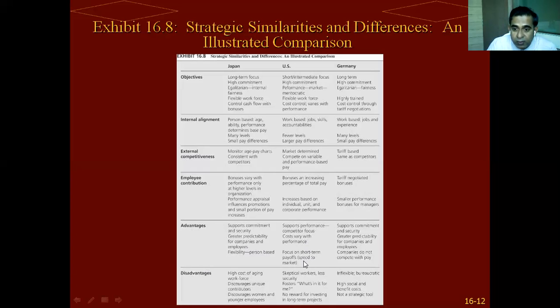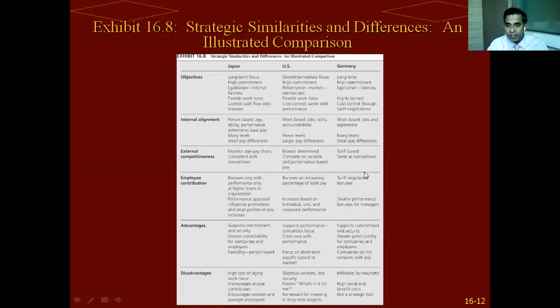Speed to market means the speed at which you can bring the product from R&D to the market. Then Germany supports commitment and security, greater predictability for companies and employees. Companies do not compete with pay in Germany.